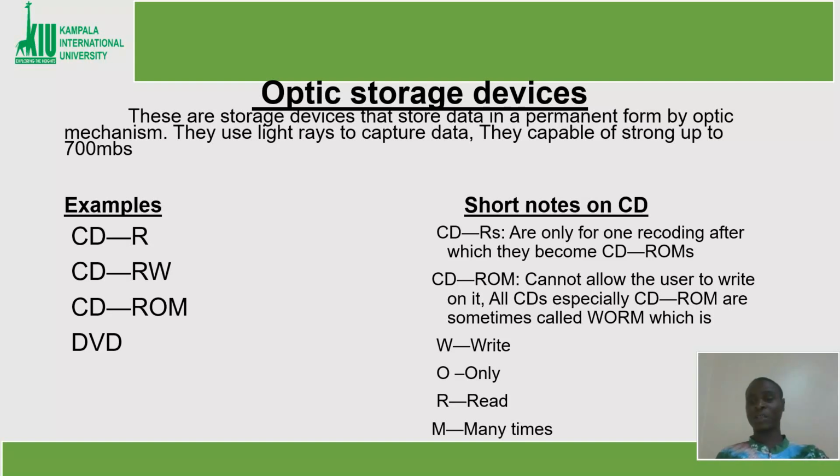All CDs, especially CD-ROMs, are sometimes called WORM, where W means write, O means once, R means read, M means many times. Or you can say write once, read many times.